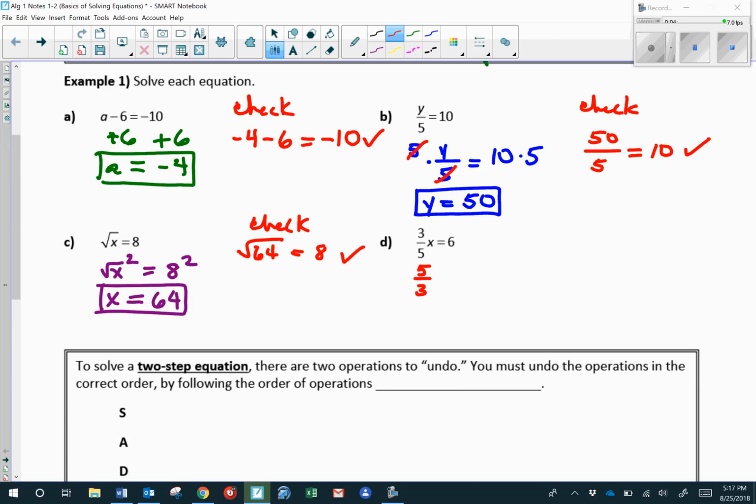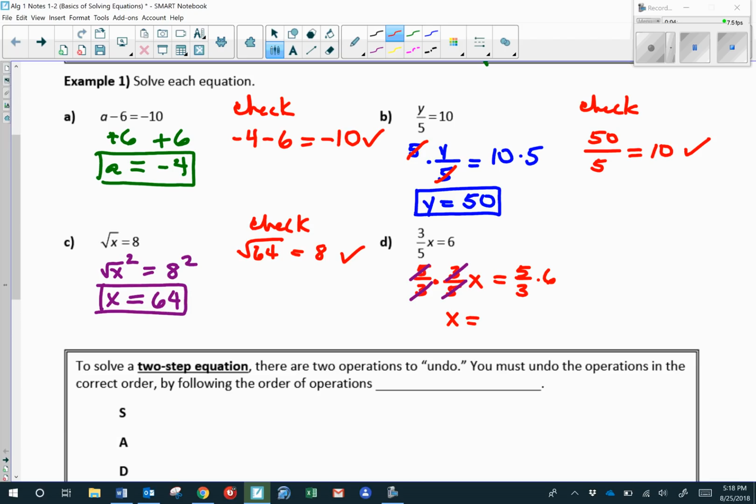So I'm going to multiply both sides of the original equation by 5/3. And then we can do some canceling. And what's left is x is equal to 5/3 times 6.